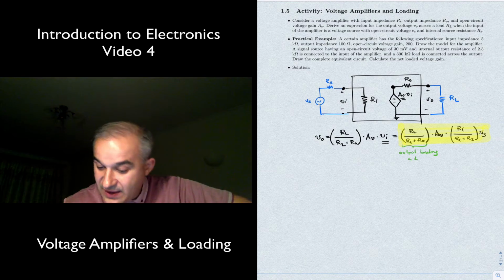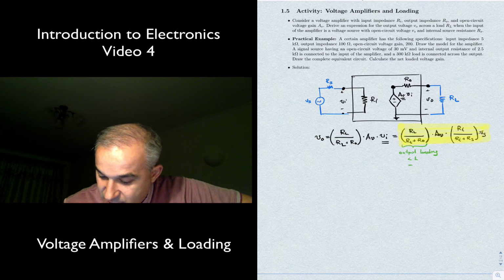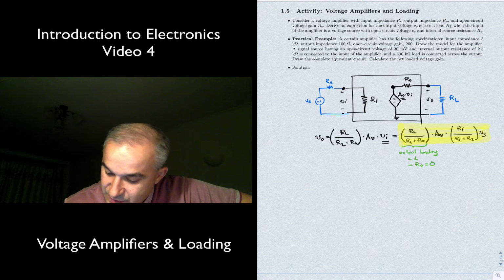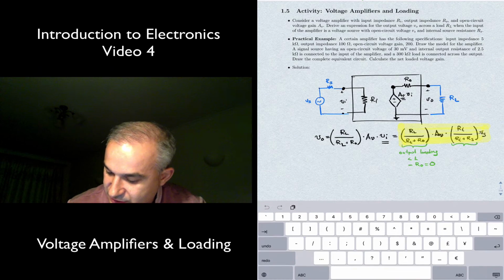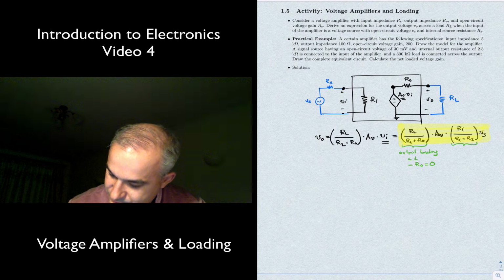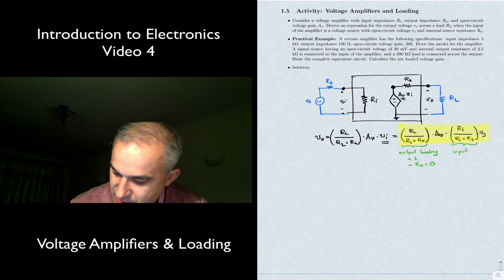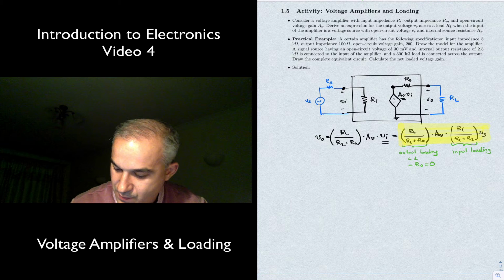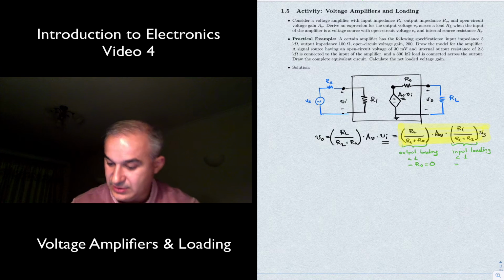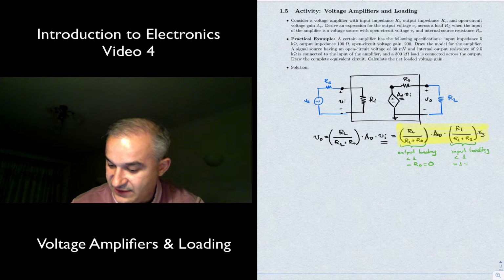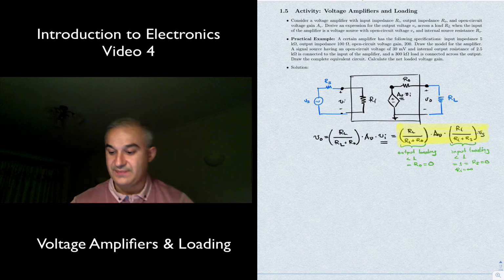It will only be equal to 1 if Rout equals 0, right? And over here, we have the loading due to the input. Input loading, which also is going to be less than 1 and will only be equal to 1, right, if Rs was equal to 0 or Ri was equal to infinity, right?